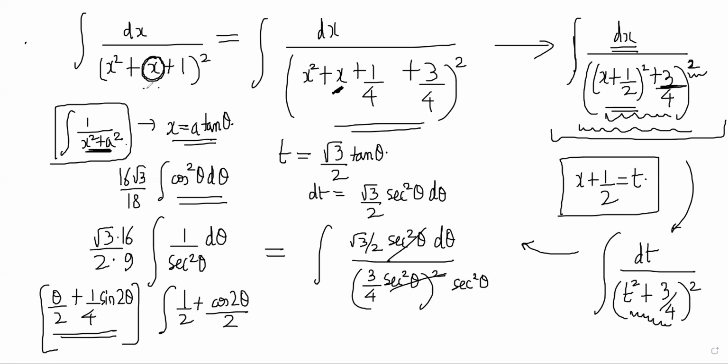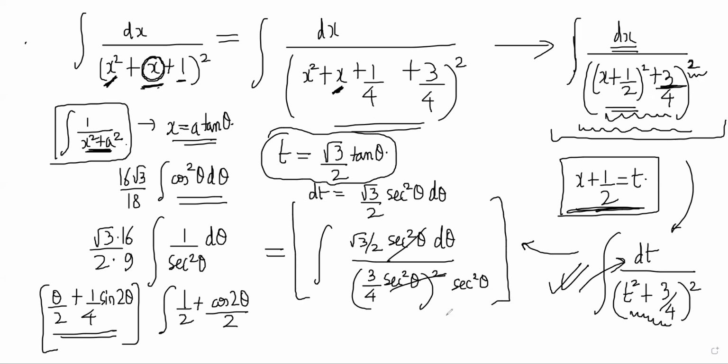If the middle term was not there, I would have directly done the substitution x equals tan theta, because 1 plus tan square theta is sec square theta. If the middle term stays, we cannot substitute here, because it becomes tan square theta plus tan theta plus 1, which is annoying. So we first completed the square, which gave this form, and after that we did this substitution. Okay, yes sir, understood.